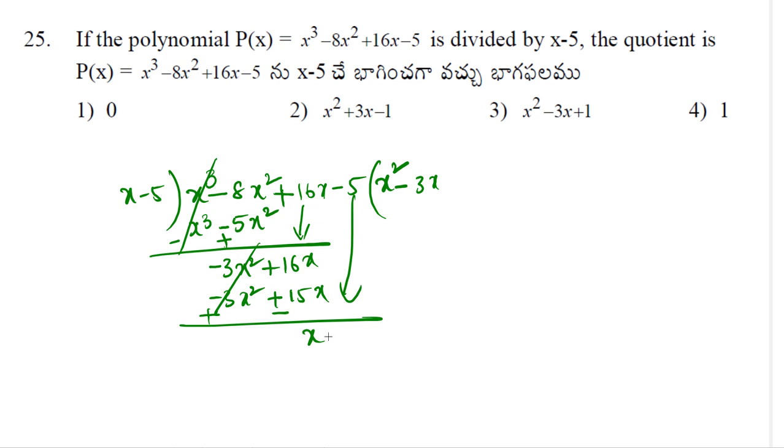So x minus 5 times, just take 1 here. So x minus 5 times 1 is x minus 5. Subtract, we will get 0 here. So the remainder is 0. And what is the quotient? We need to find out the quotient, not the remainder. So x square minus 3x plus 1. So option 3 is correct one. Don't get confused. Here we need to find out the quotient, not the remainder. Okay, so option 3 is the correct one.